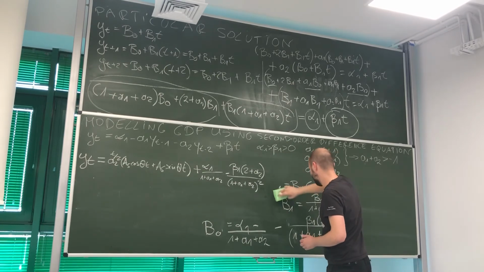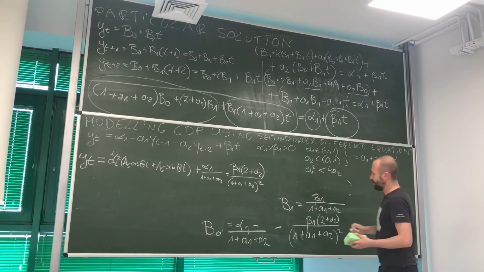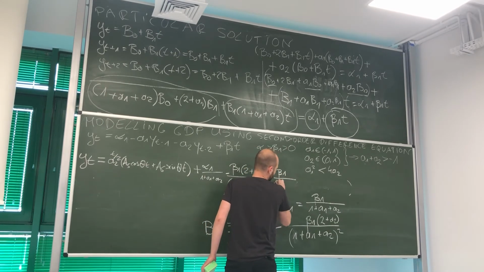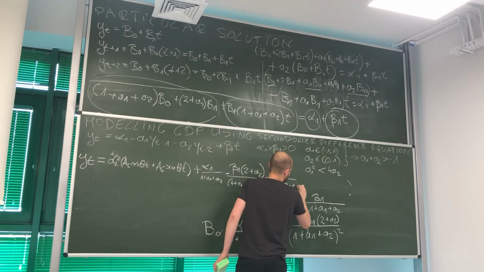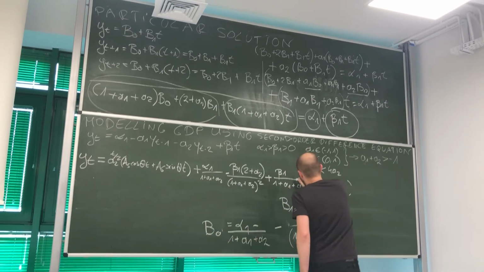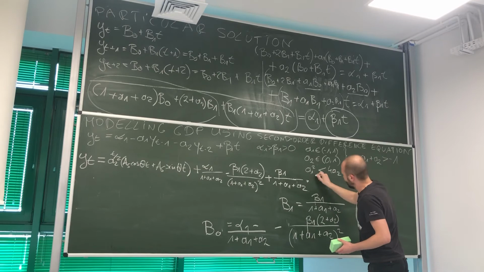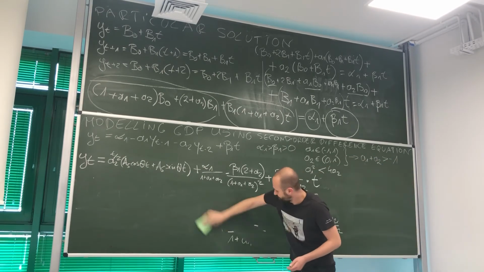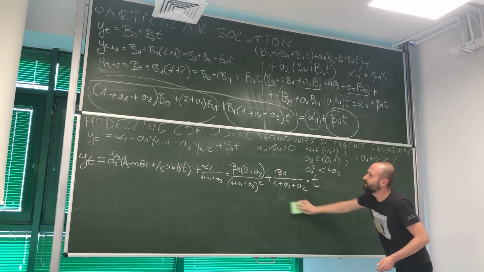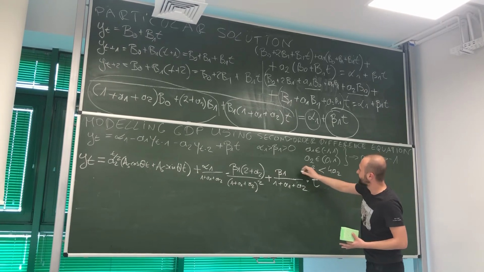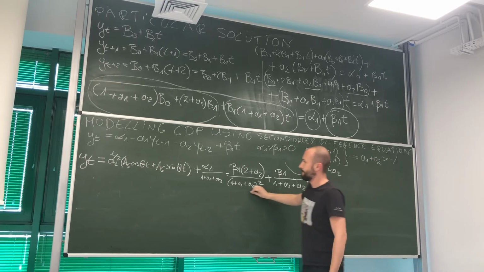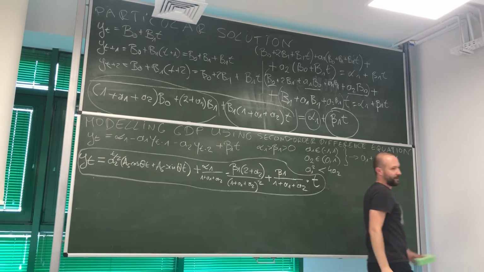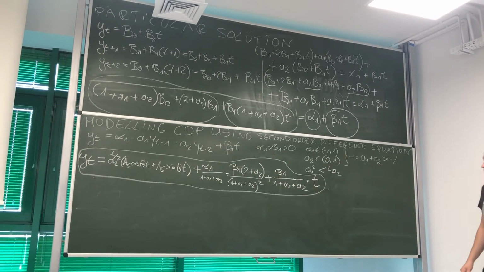Okay, and finally, we add to it beta 1 over 1 plus a1 plus a2 times, of course, time t. Okay, so the expression that you can see over here is the time path of GDP.